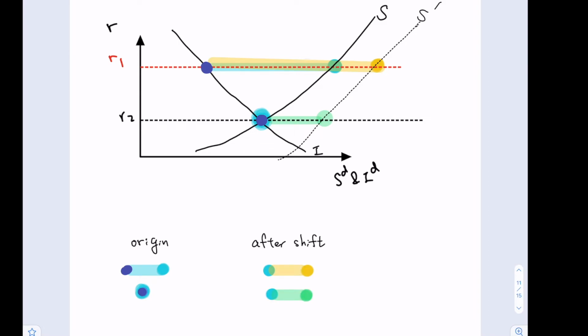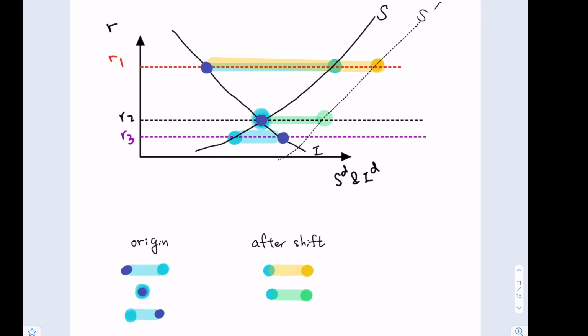How about if the economy is the type of economy that faces the world real interest rate at R3? Then it means that before the shock, its savings is less than its investment, so its international lending and borrowing position is negative because it has more investment than its savings.